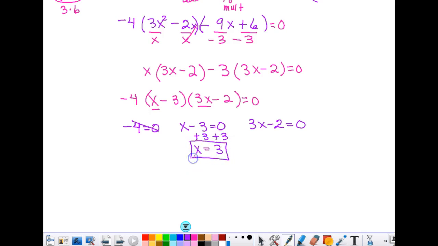So this one we really can't do in our heads. I'm going to teach you later kind of how to do these in your head, but not right now. We're going to add 2, and we say 3x equals 2. Divide by 3, x is 2/3. So our parabola crosses the x-axis at 3 and at 2/3.